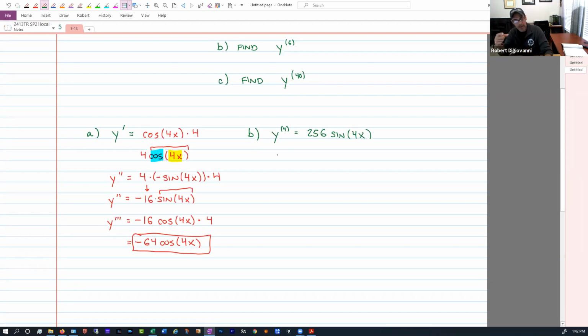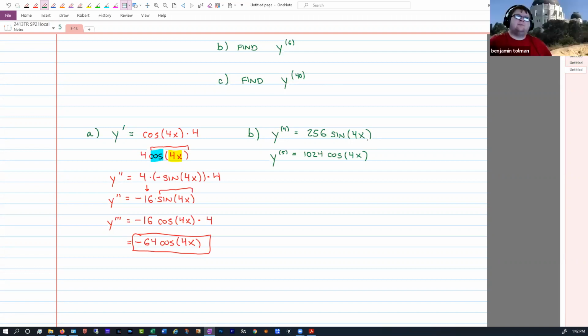And then when we do it again, the fifth derivative, now we don't get a negative, right? Because the derivative of sine is just cosine. Right, 1024 cosine of 4x. So you're just multiplying the front number by 4 and alternating the sign, kind of.